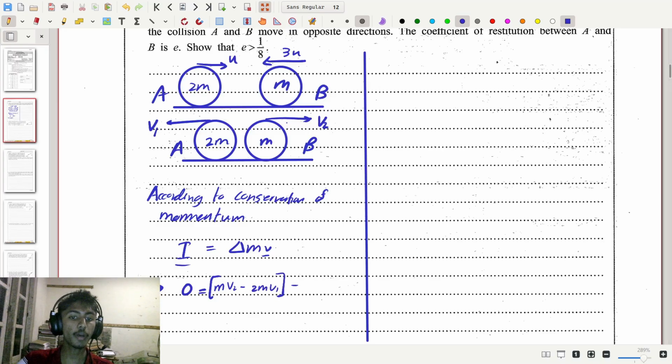Now from this I have to subtract the initial momentum, which is going to be these two momentums added together, and here we can see this u is in the positive direction, so therefore it's positive. So we have u times 2m, but then we have 3u in the negative direction, so we have minus 3 times m times u. So therefore, here we can see we get 2m times u minus 3m times u.